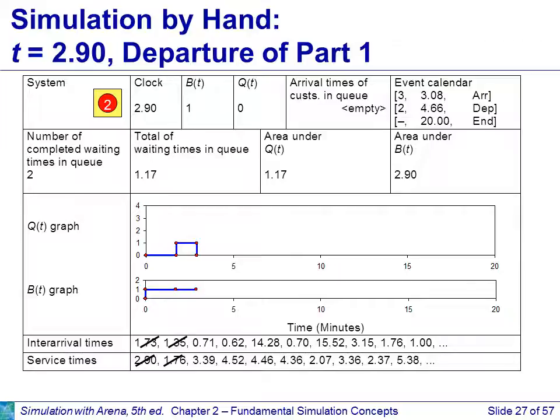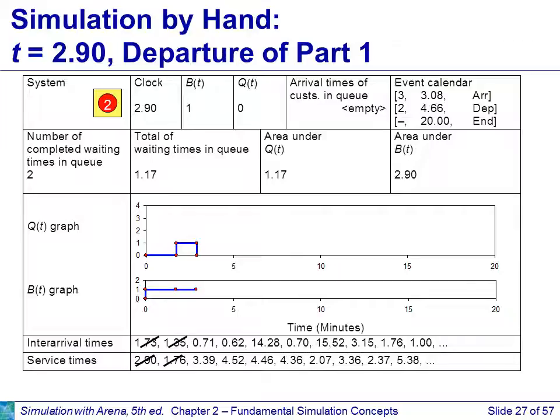So the machine becomes available, so part 2 can now seize the machine. We can see the BT has changed. Well, actually, it changed back to 1, because as soon as part 1 left, part 2 seized it, so it still remained at 1.